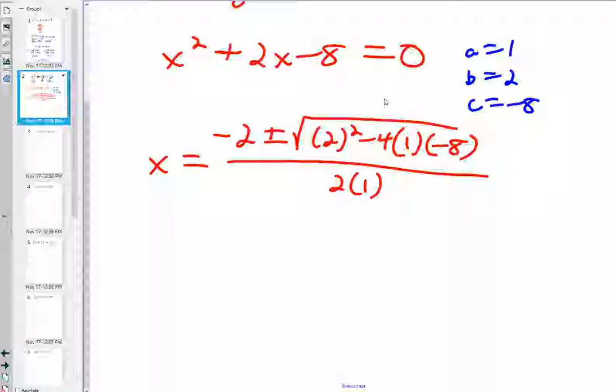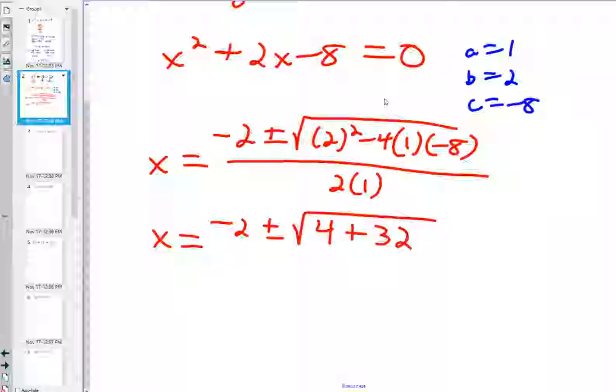Hope you're writing all this down. What's 2 squared? How many negatives do we see after the square? 2, so that's going to turn the sign into a plus. So now you don't have to type in any negatives to your calculator. Just put 4 times 1 times 8 is 32.